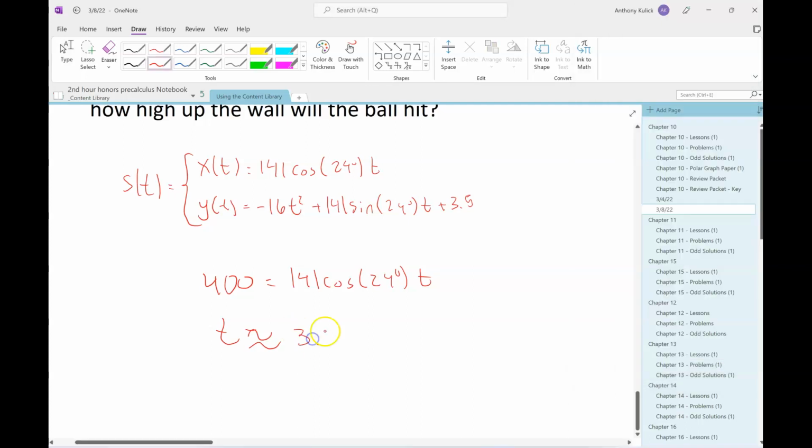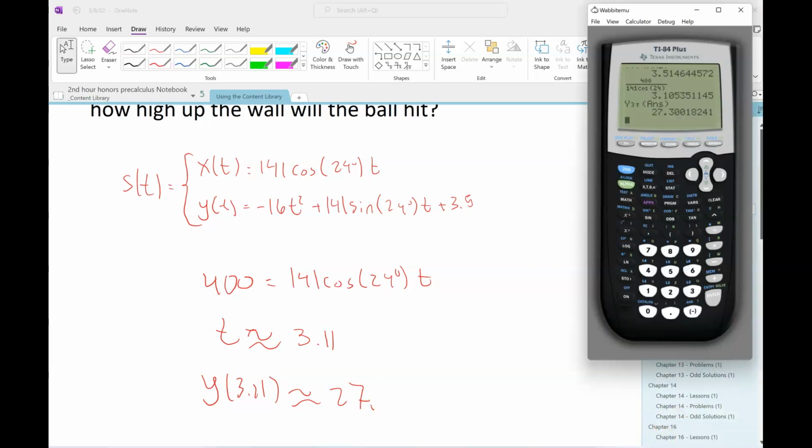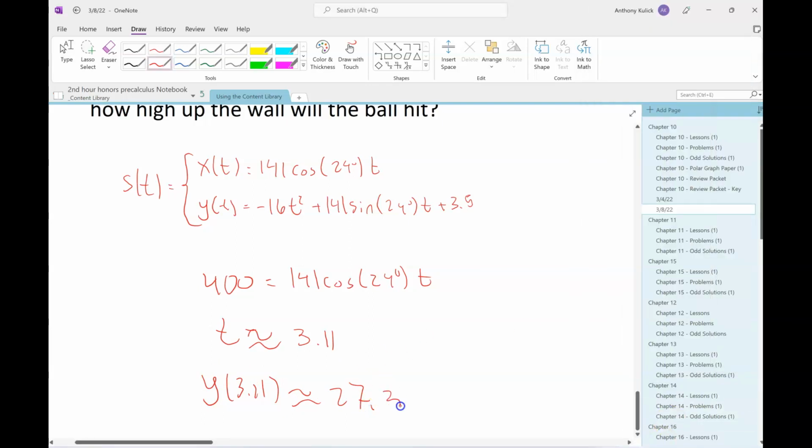And that's greater than 20. So we got a dinger. Woo!